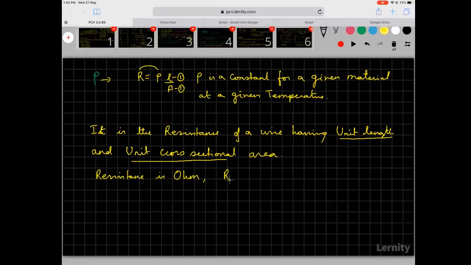The unit of resistivity is, this is ohm. So ohm area goes up, L comes down. So it becomes ohm meter. Okay, now resistance is the reciprocal of conductance.